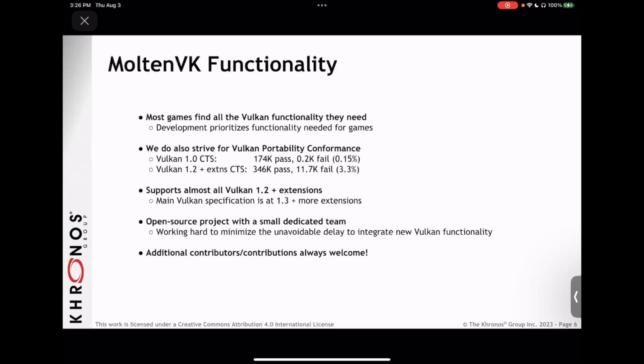Now, in terms of functionality, most games find all the Vulkan functionality that they need. Our development priorities in terms of what we focus on in MoltenVK are based on developer feedback. So typically we prioritize functionality that somebody needs.